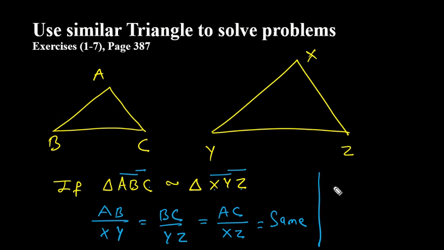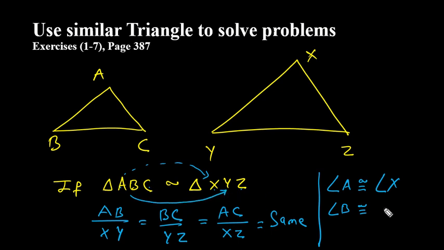And angle A should be congruent to, now which angle should it be congruent to? If you see both triangles, angle A should be congruent to angle X. Angle B should be congruent to angle Y. It's in the order, in the sequence, just follow that.